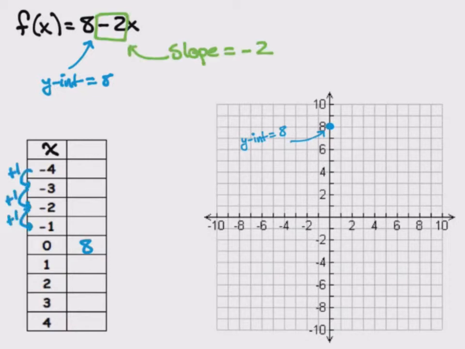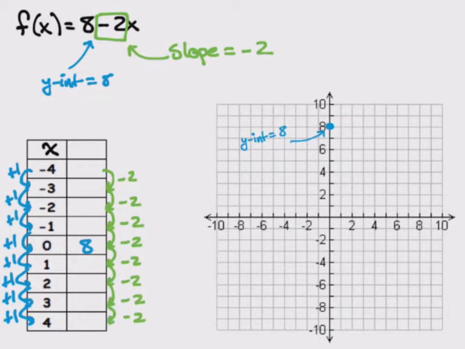Which means for every 1 unit increase in x, we'll have a 2-unit decrease in y. Or equivalently, for every 1 unit we move to the right on our graph, we're going to move down 2 units. So we're probably all ready to graph this equation, but let's go ahead and find the table of values anyway, then graph it.